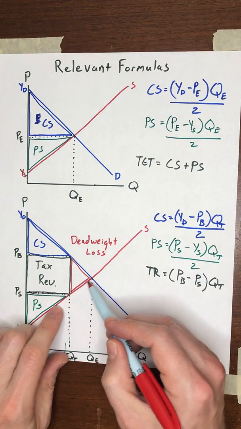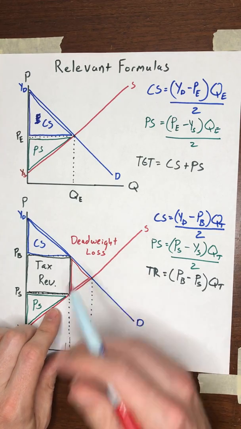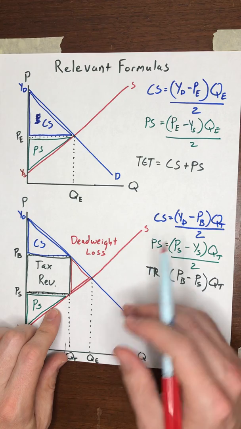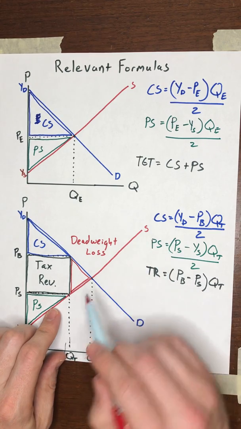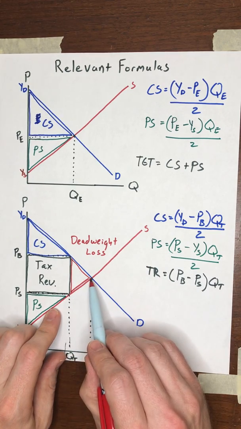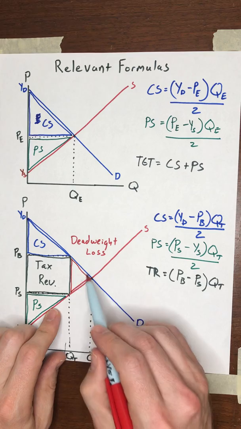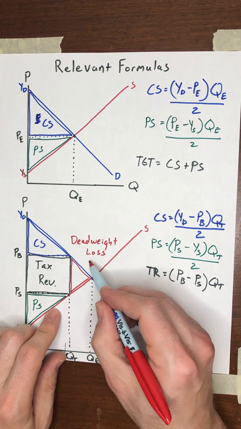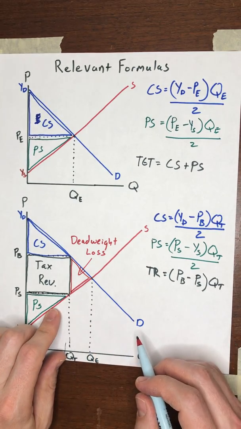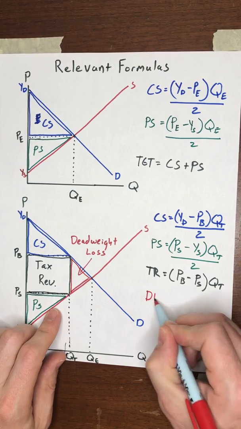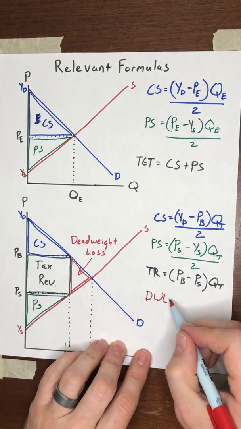So these are trades that would be profitable, that would generate extra welfare, gains from trade, if we would allow the buyers and sellers to trade at this equilibrium price. But we are not allowing that due to the tax, so these trades just don't happen, and that is a deadweight loss. Okay, going to shorten that to DWL.